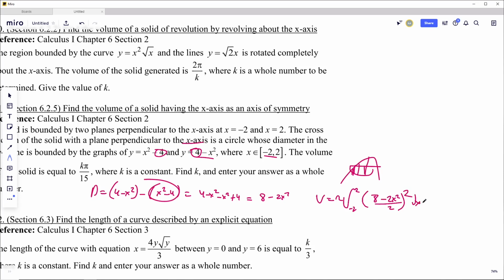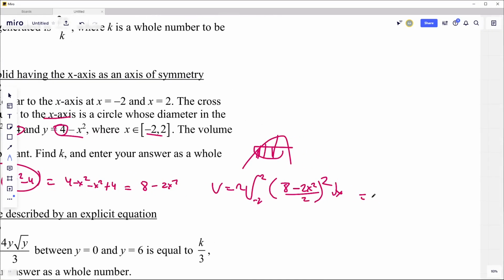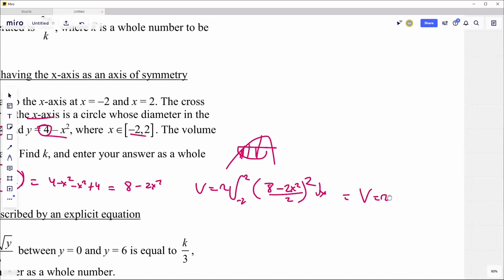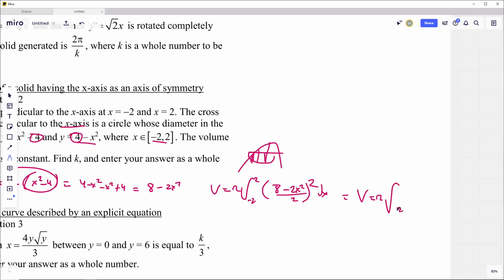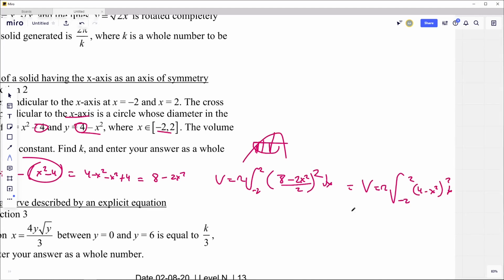Square this, dx, so if you divide you're going to get pi integral from minus 2 to 2 of 4 minus x squared dx. If you square, you're going to get integral from minus 2. I'm going to jump right into the integration after this. x to the power 4 minus 8x plus 16 dx.